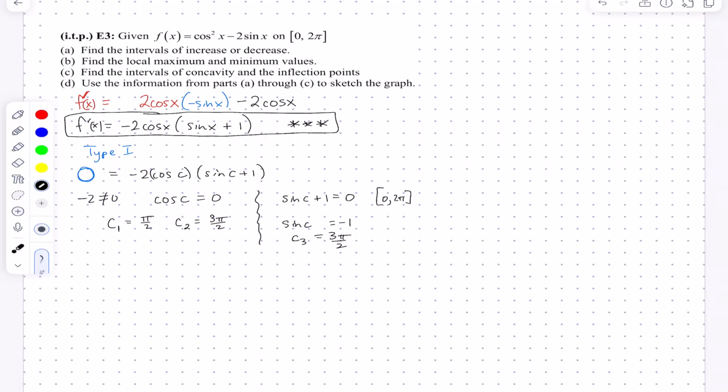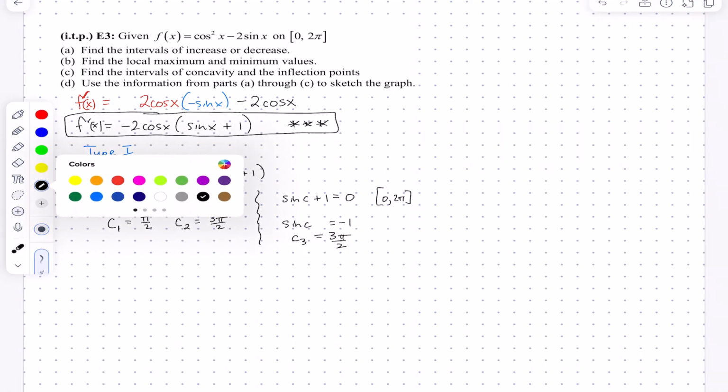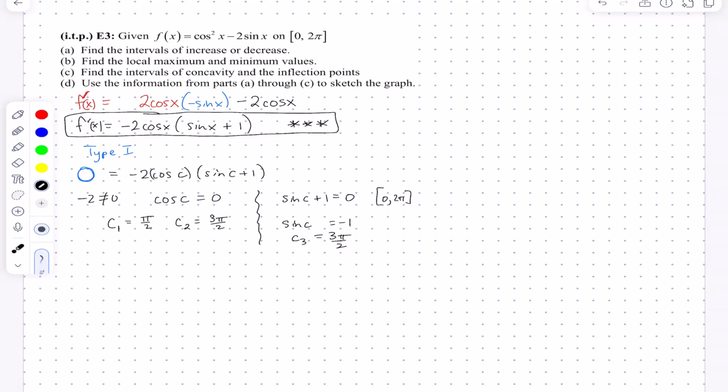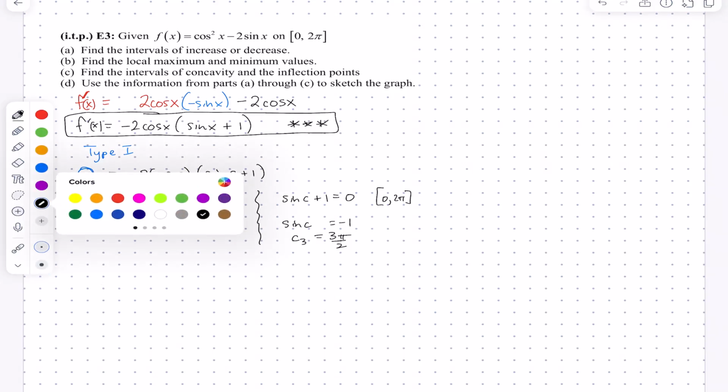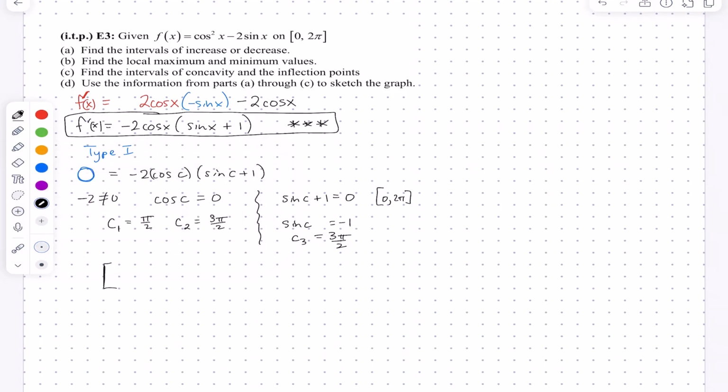Let's put this on a number line so we can find our intervals of increasing and decreasing. Now, in this particular case, the number line starts with a closed interval. So it starts with a label of 0. And then I need to create 3 intervals here.